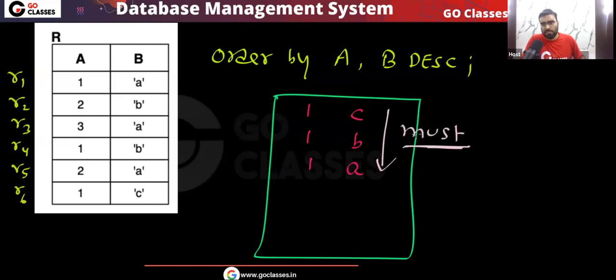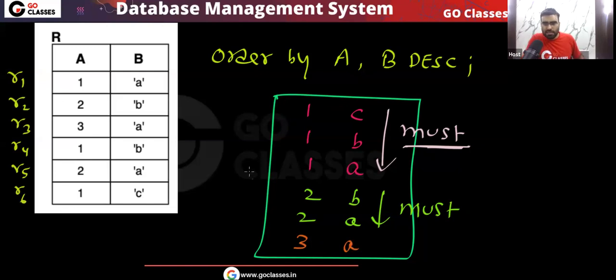This is a must. Agree? Next, A ascending, so now this will come. But when the A value is the same, then B descending. So 2B, 2A. This is also a must. And finally, 3A.